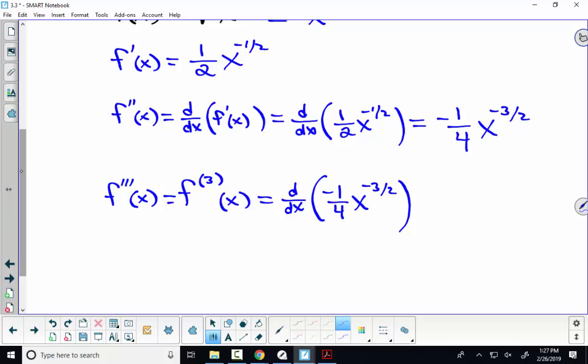That'll give us the third derivative. So we have negative 3/2 times negative 1/4. So we have 3/8 x to the negative 5/2.